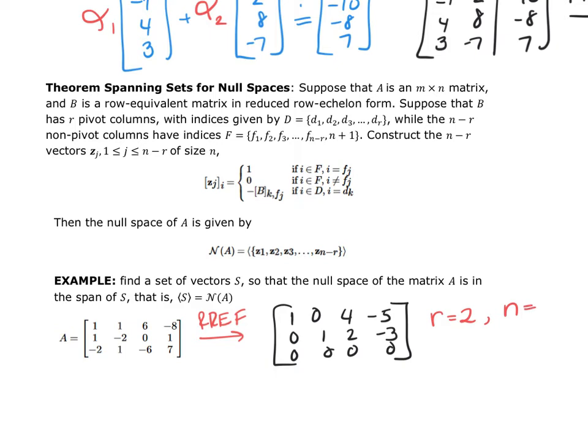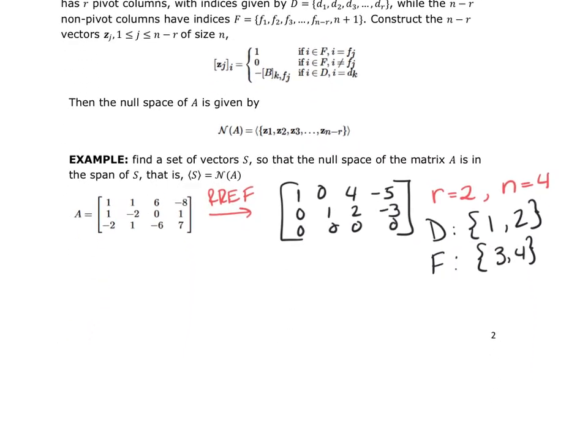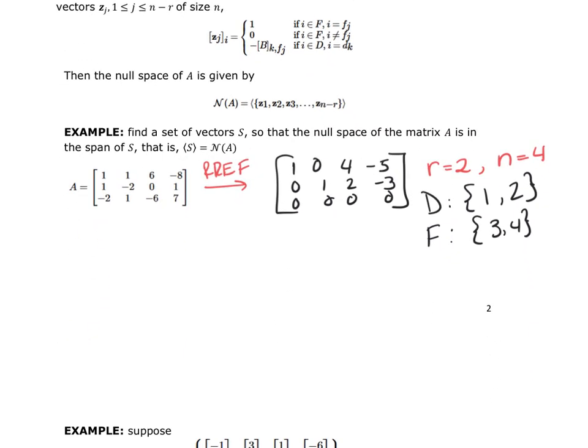The number of columns, or vectors, happens to be 4. So what we know is my D is going to be in the first column and the second column, and my F is going to be in columns 3 and 4. That tells me my null space is going to have 2 vectors besides the 0 vector, and nobody cares about the 0 vector. So how do we find the null space using the stuff that we've learned in the past?